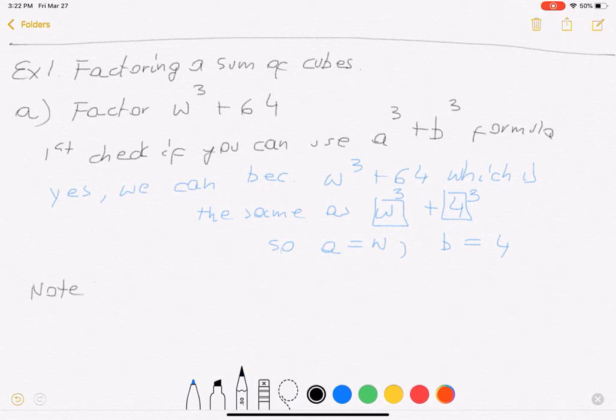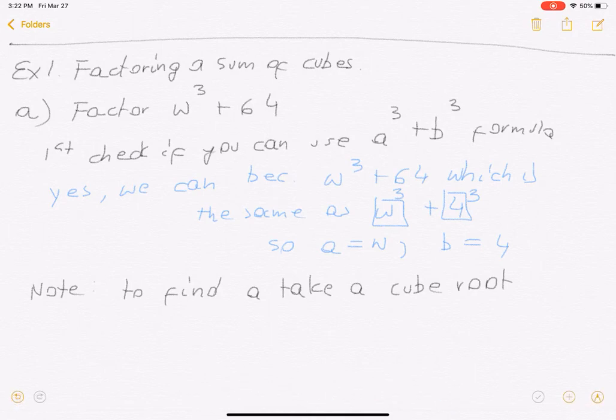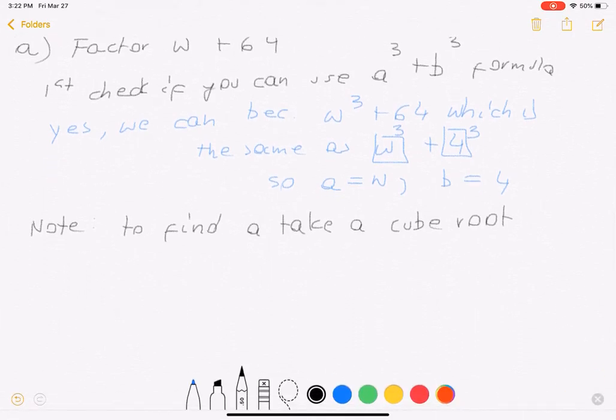note: to find a, take a cube root. Okay, so to find a, it's equal to the cube root of w to the third power.